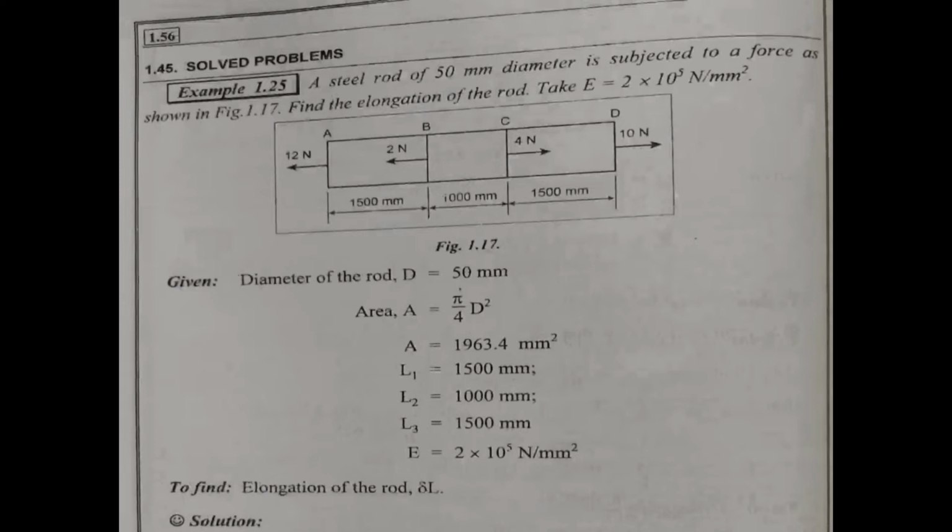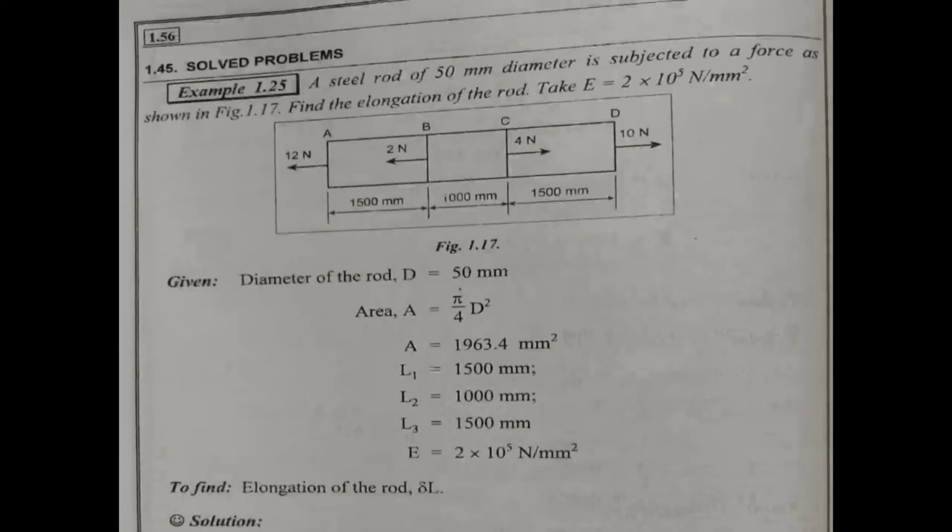In the question, the diameter of the rod is given as 50 mm throughout the rod. For all three sections the diameter is 50 mm. So area A, it is a circular rod, so we take pi by 4 into d square. Here d is 50 mm, so pi by 4 into 50 square.